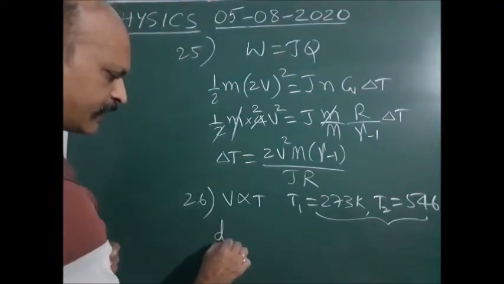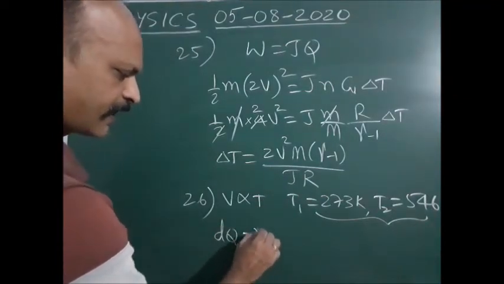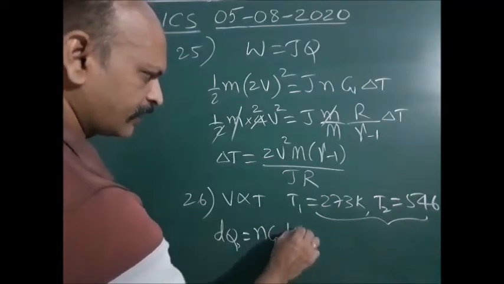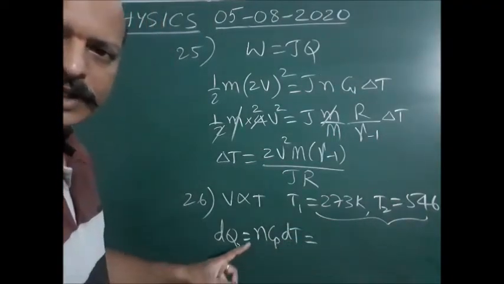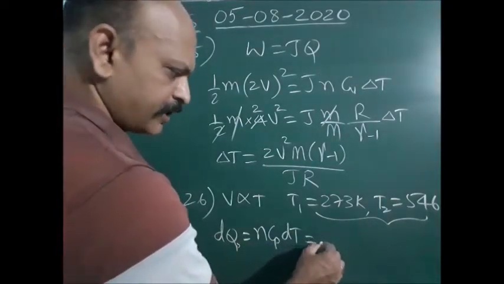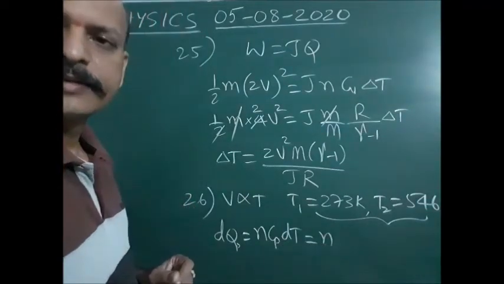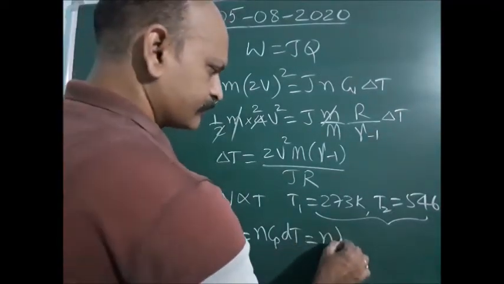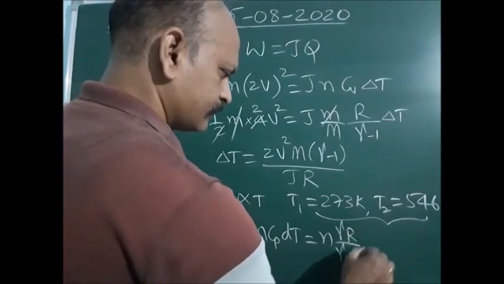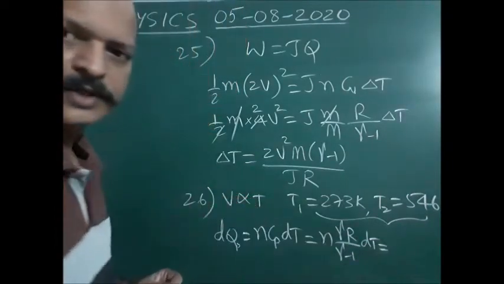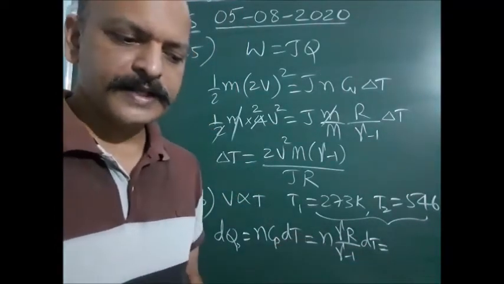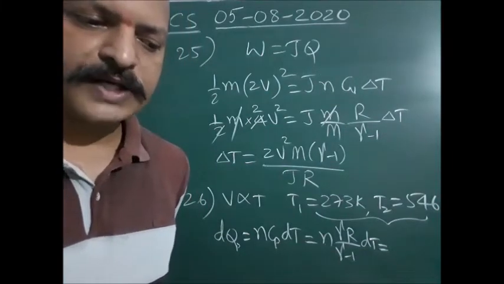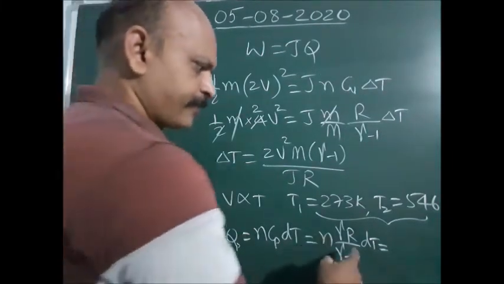So heat supplied at a constant pressure is n Cp delta T. n into Cp, which is gamma R by gamma minus 1, into dT, right? In this case, the number of moles is 1 mole.